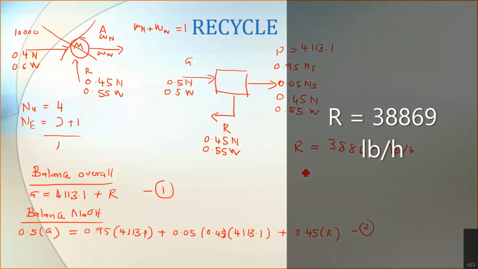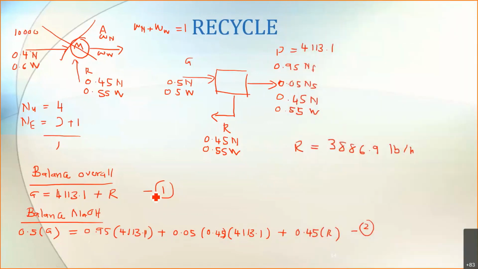The question is only asking you to find the value of R. It is not asking you to find the value of G. But you can still find G if you want, or you can just stop here and this will be your final answer, because the question was asking you to find the value of R.